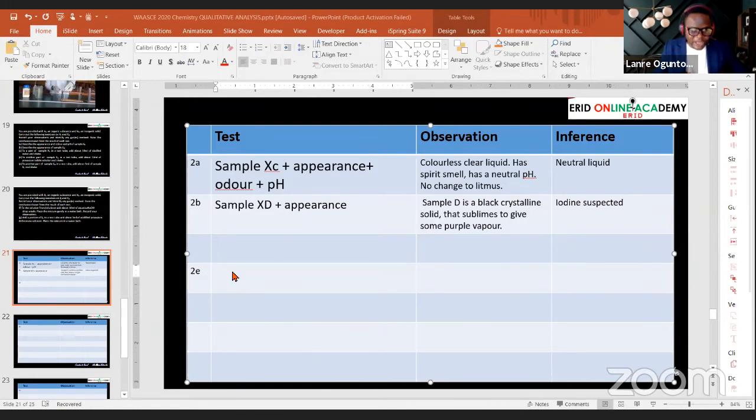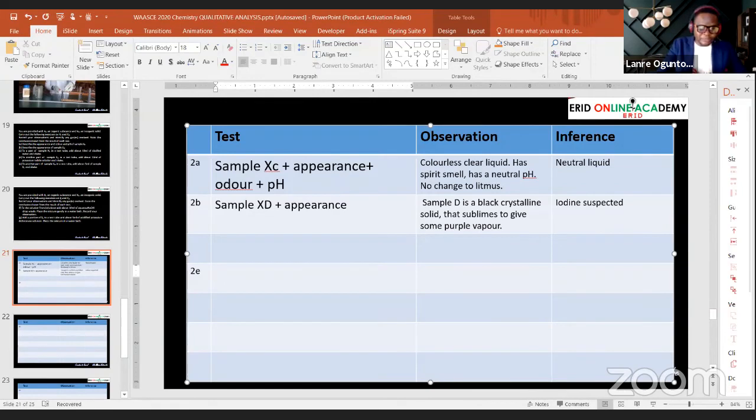Okay, so let's now go down. They may ask you for your iodoform test. They will ask you to put your sample C in a test tube and add your iodine solution to your sample.